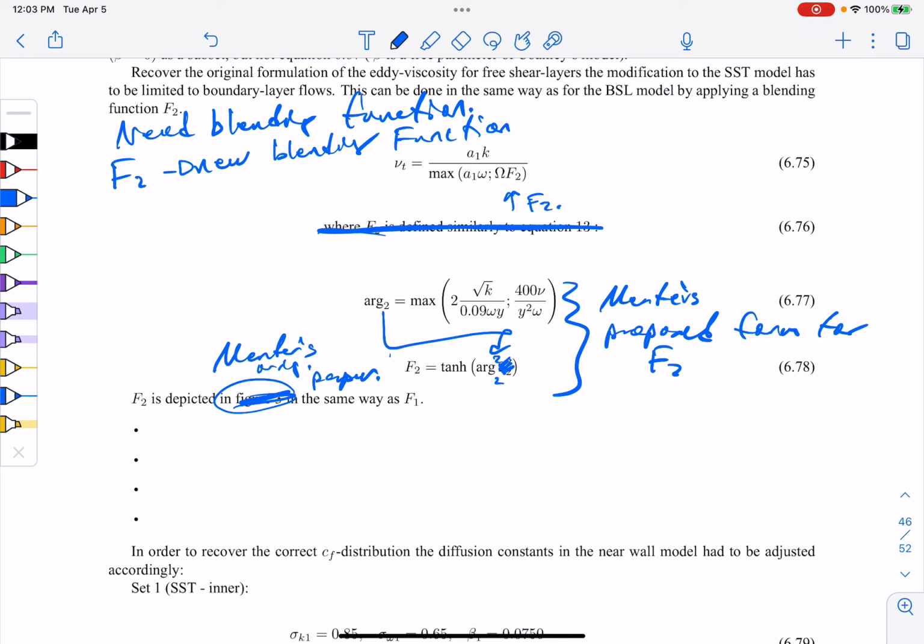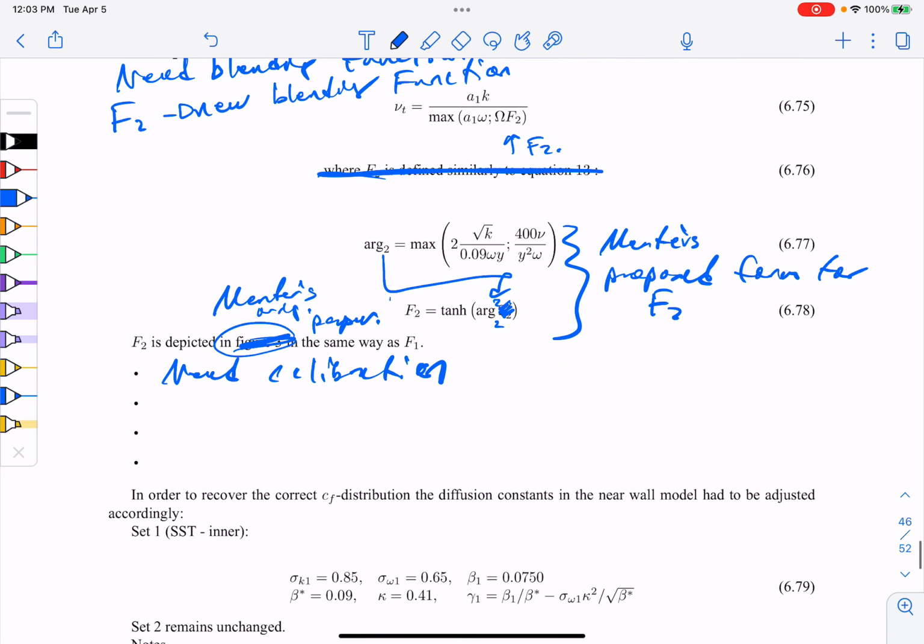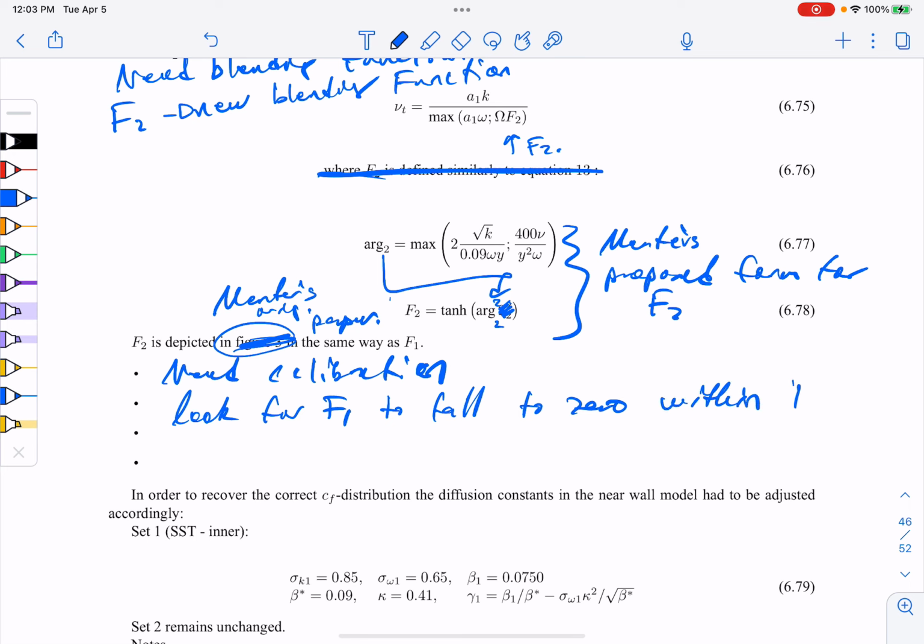Okay, so this is where the formulation stands right now. And we still need calibration, of course. And for calibration, we need to look for F1 to fall to 0 within the boundary layer, right?